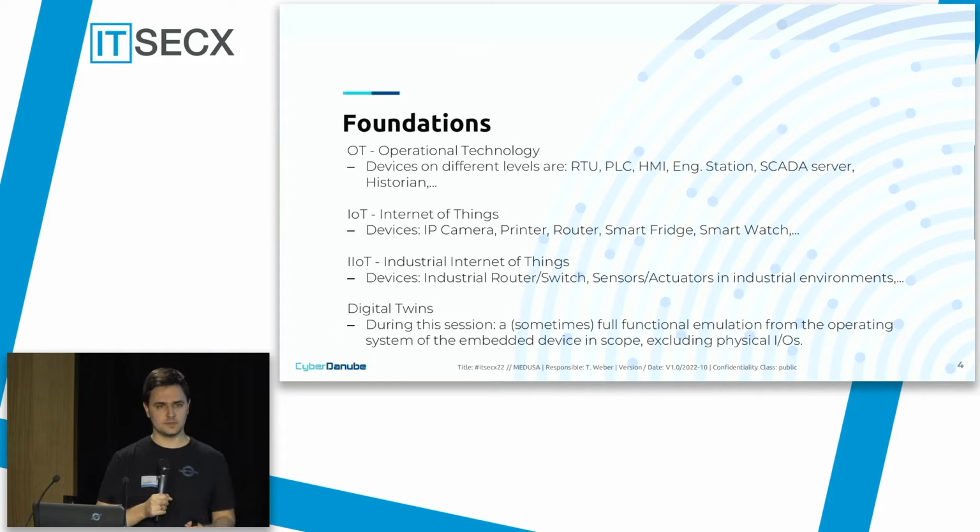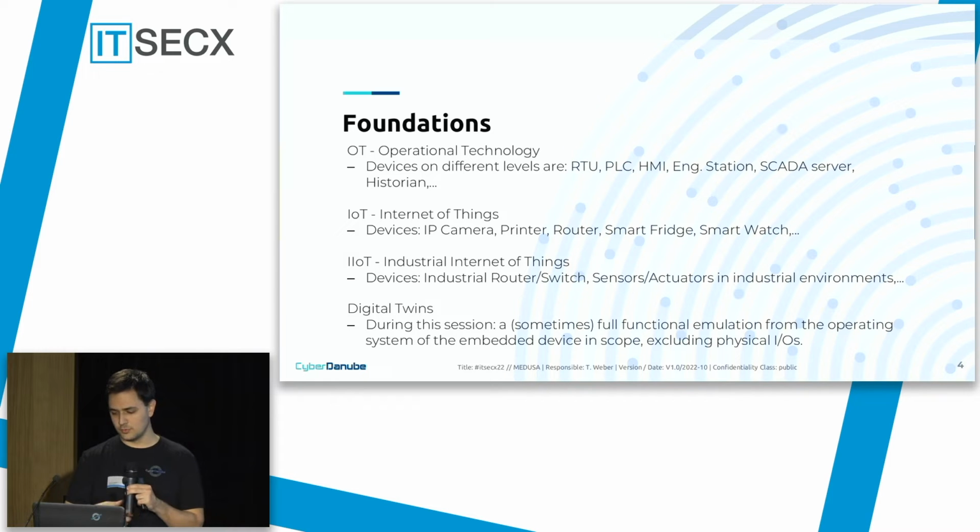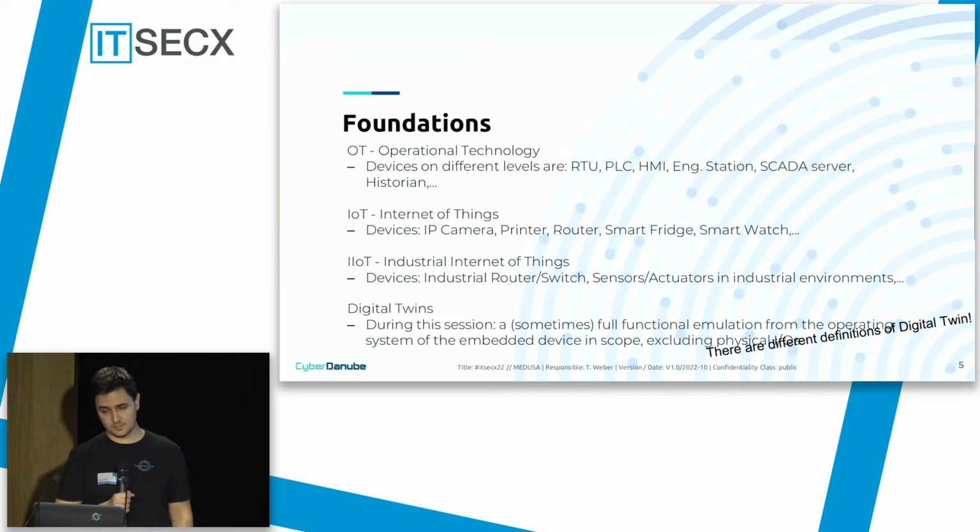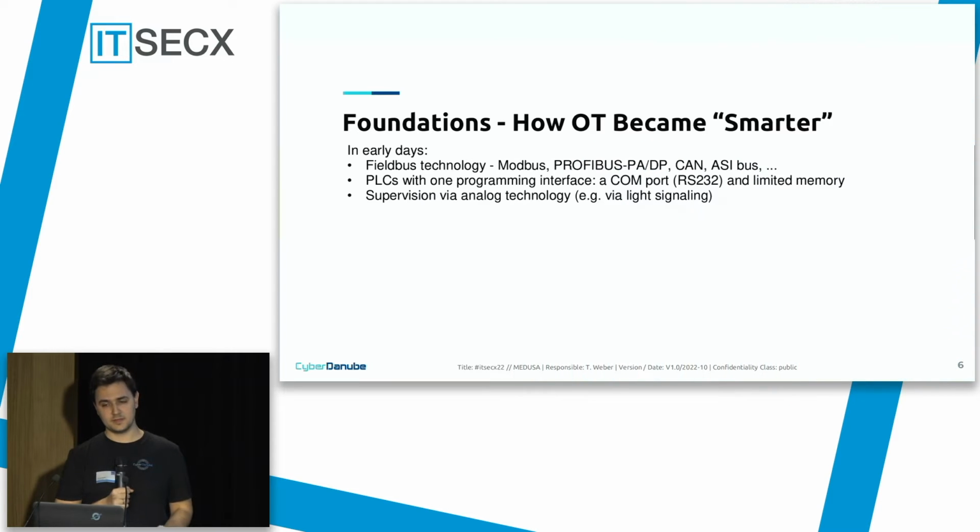You see a schematic image, you can see some mechanical parts which are moving. But a digital twin in this talk has a different definition. It's a digital twin of the operating system of the embedded device, and not a digital twin of the process itself.